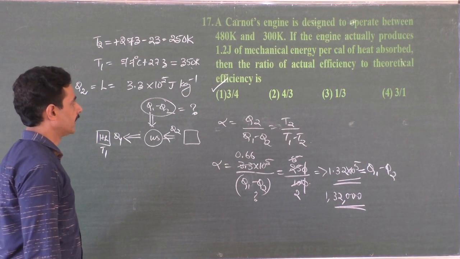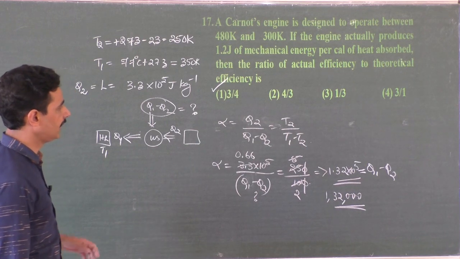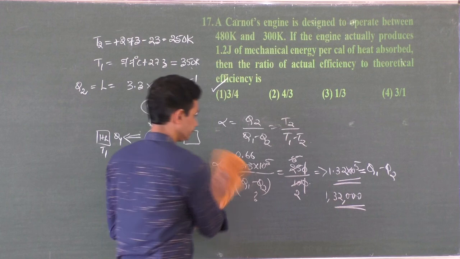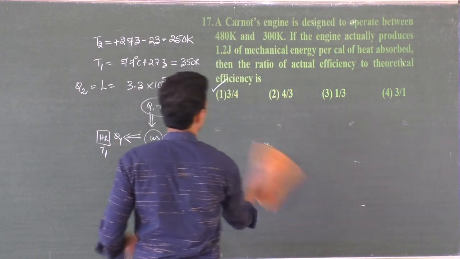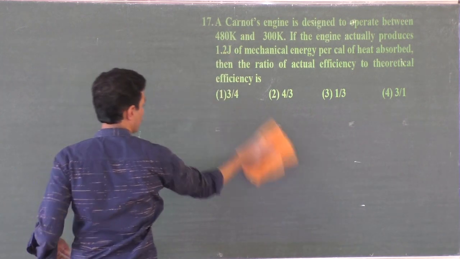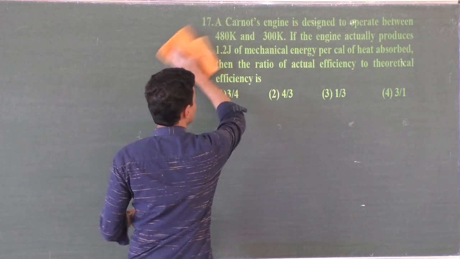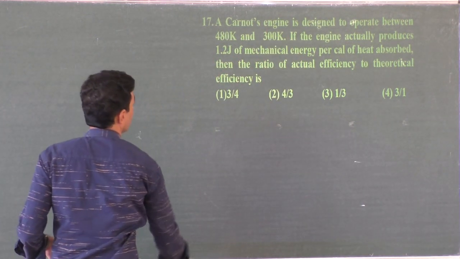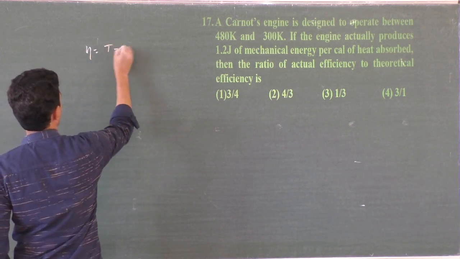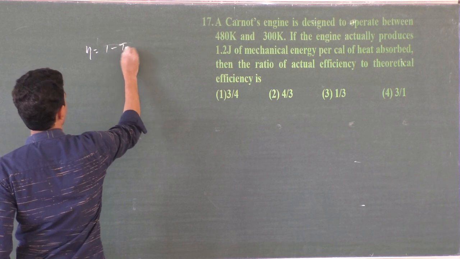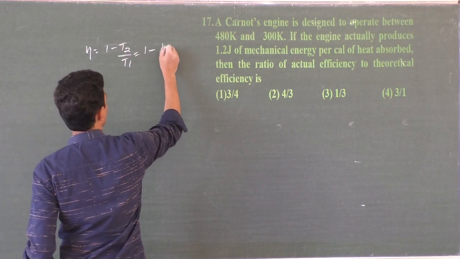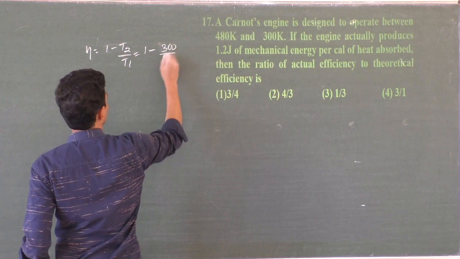17. A Carnot's heat engine is designed to operate between 480 and 300 Kelvin. Then I can find out the efficiency: 1 minus T2 by T1, 1 minus 300 by 480.